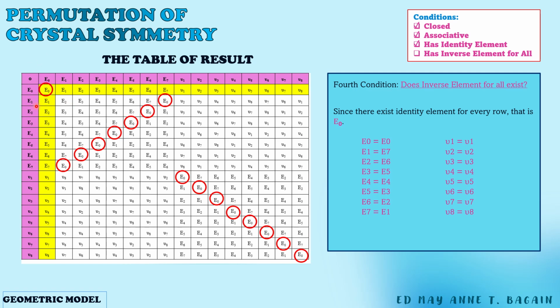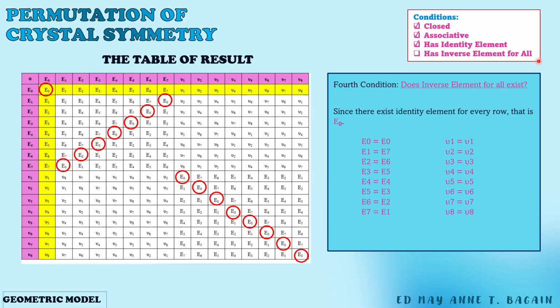So the inverse element of epsilon sub 1 is epsilon sub 7. Anything that you multiply with, a combination of two elements whose answer is the identity element, would be the inverse of the first element that you multiplied.